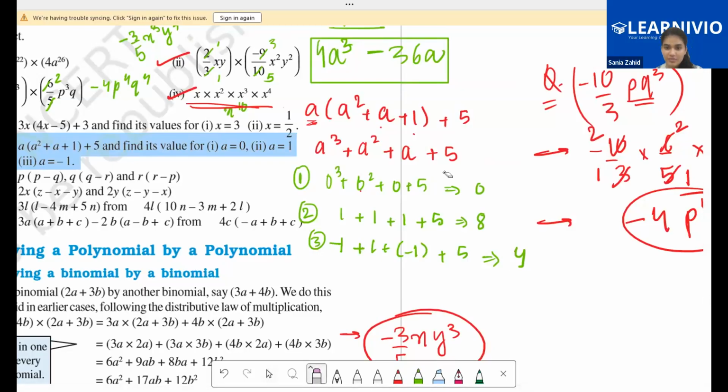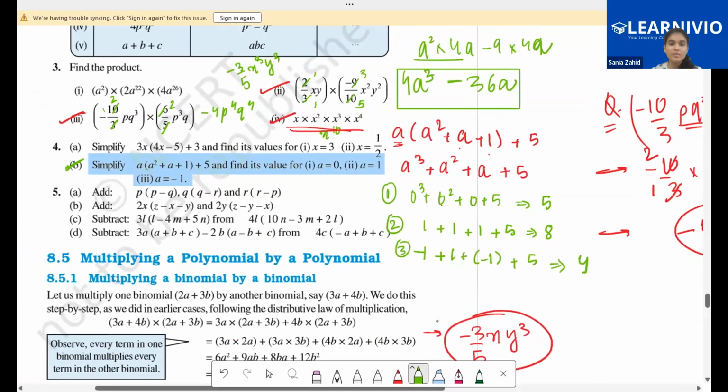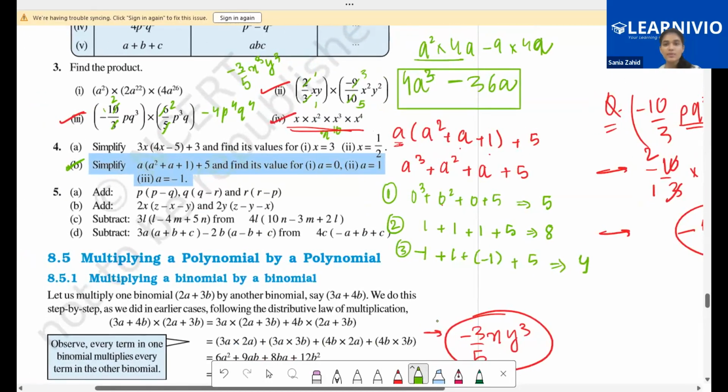Yeah, this is 5, not 0. 5 only, okay? That's correct. Okay, and Mustafa, why are you getting 6? It should be 4, right? See, minus 1 plus 1 is 0, and then minus 1 plus 5 is 4.